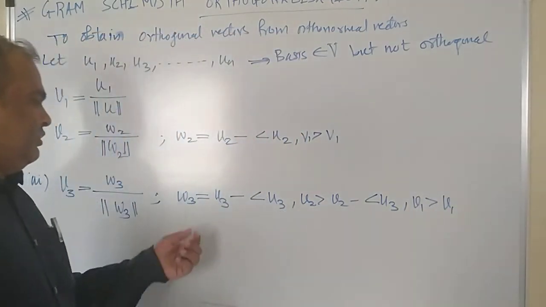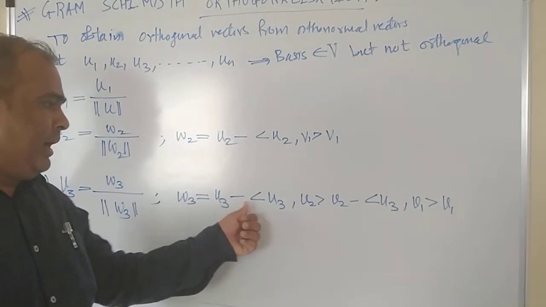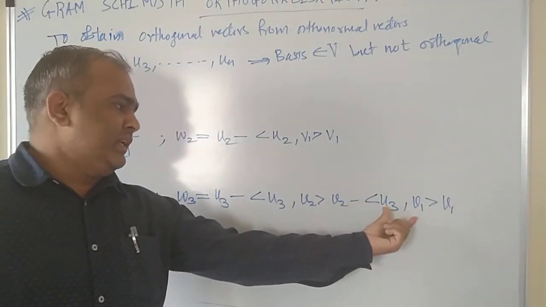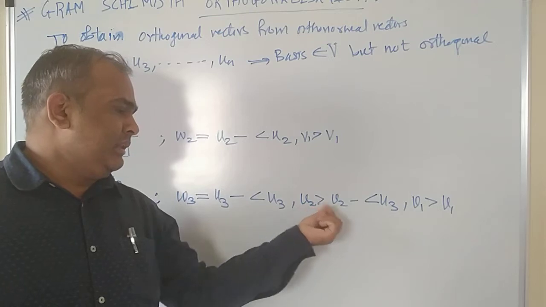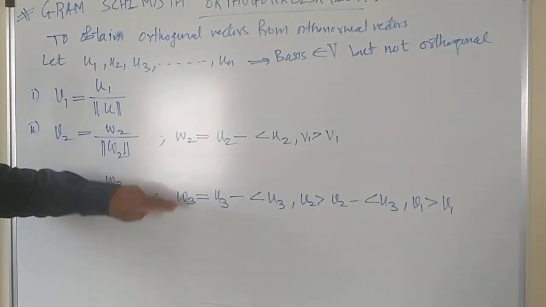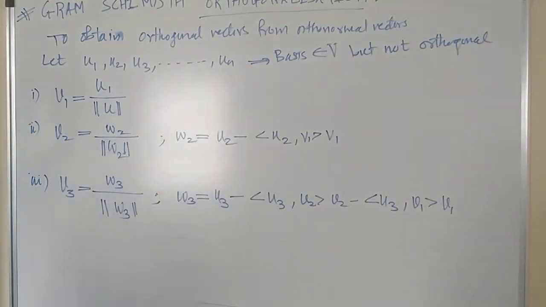Because you are taking the inner product with the first vector and then the second. So these formulas are very important to normalize the given orthogonal vectors.